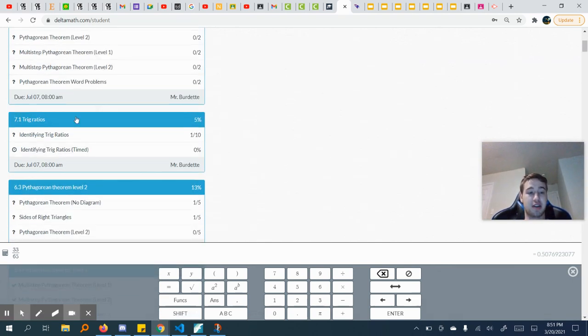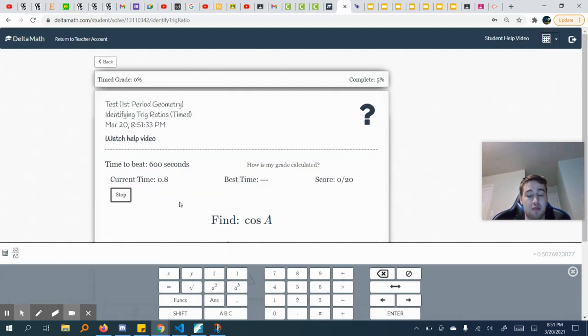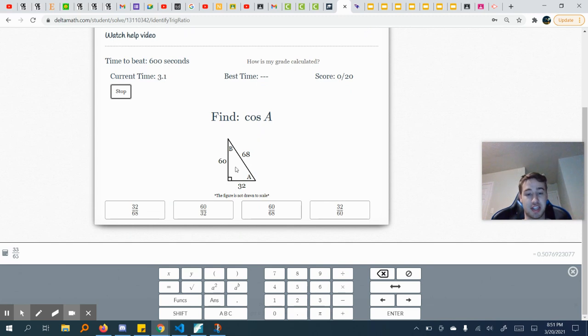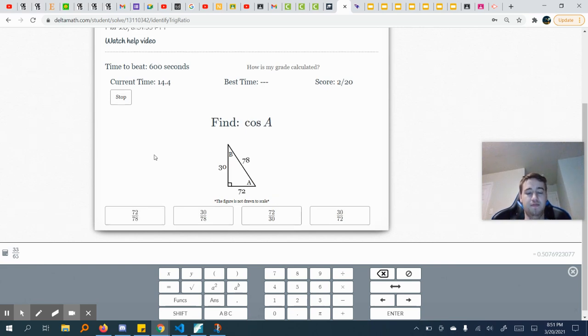So let's finally look at identifying trig ratios, and see what that looks like. We find the cosine of A, that means adjacent over hypotenuse, so 32 over 68. Tangent of B is opposite over adjacent, so 28 over 21. By the way, these side lengths are not reduced, so these fractions would technically reduce down, but in this example, you're going to have a much easier time because you don't have to reduce them yourself.